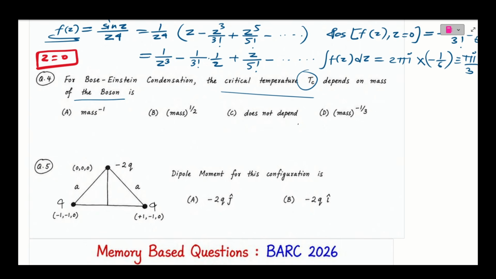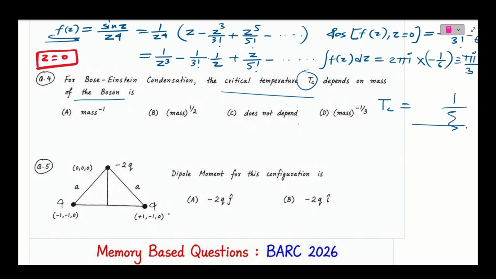Here you have to remember the variation, because there is a formula between Tc and m, and there may be a zeta function like that. So it comes from the advanced statistical part.